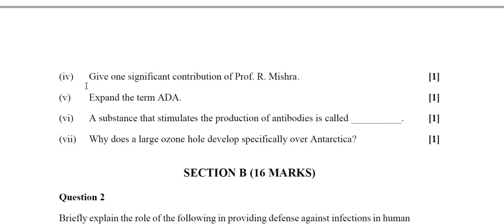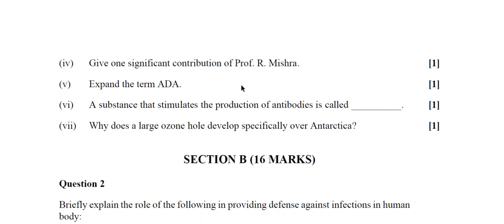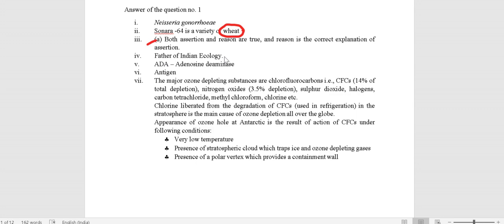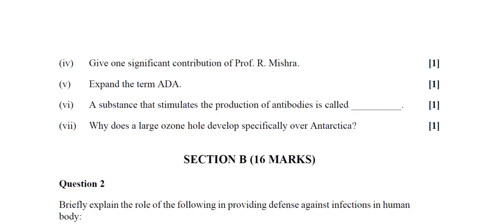Come to question number 4. Give one significant contribution of Professor R. Mishra. Professor R. Mishra is very famous, and he is actually the main constructor of Indian ecology, and we call him the father of Indian ecology. I have written here: father of Indian ecology. Next question, expand the term ADA.